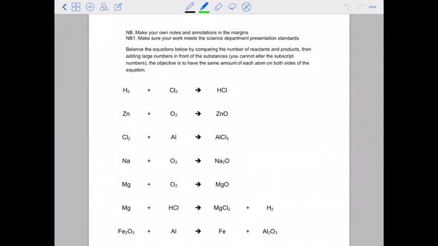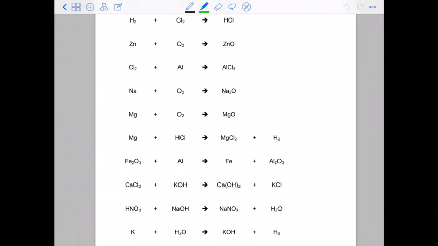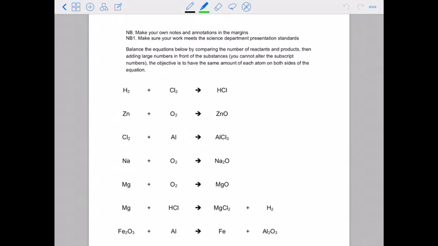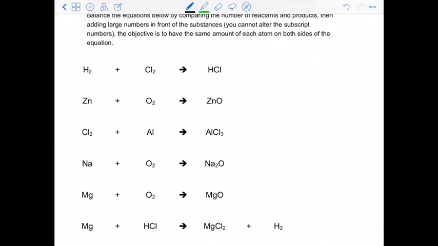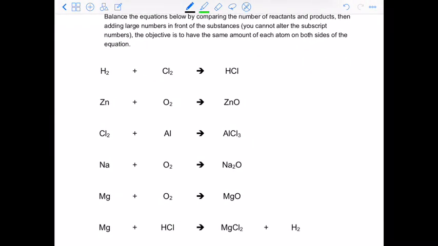Once you've watched that video, here's a sheet where we're going to do some practice of balancing equations. The more you practice it, the easier it does get. So, one way to make it easier to do is to actually grab your colored pens and draw it out as you need to.